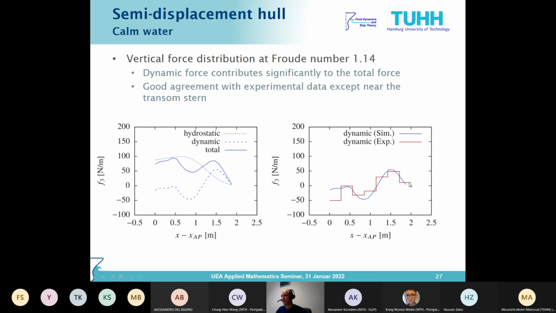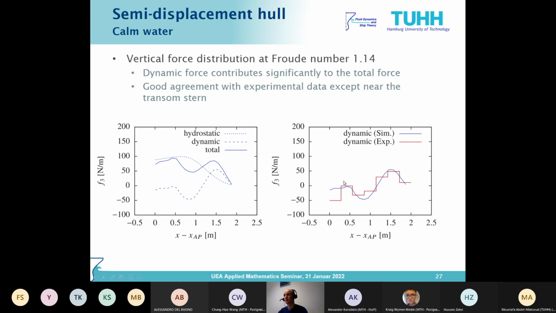And here you can see the comparison of the dynamic force with the experimental values, and you can see it's quite a good agreement, except for the stern, because there, of course, we have again the deficiency of the 2D+t theory that zero pressure transom stern is not accounted for.